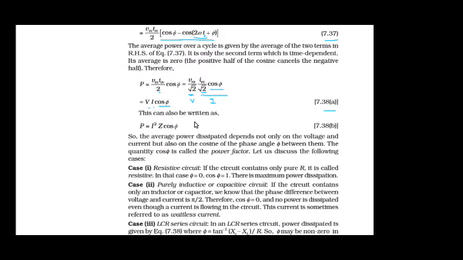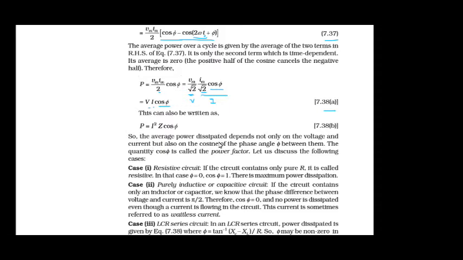This can also be written as p = i square Z cos phi. We can write v as i into Z, so it will be written as p = i square Z cos phi.